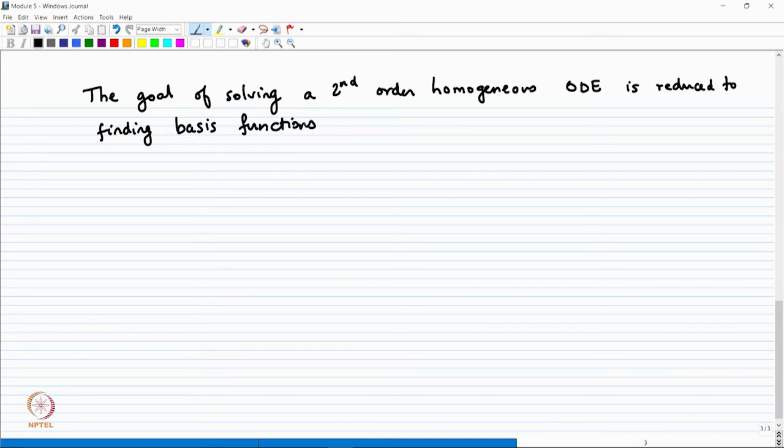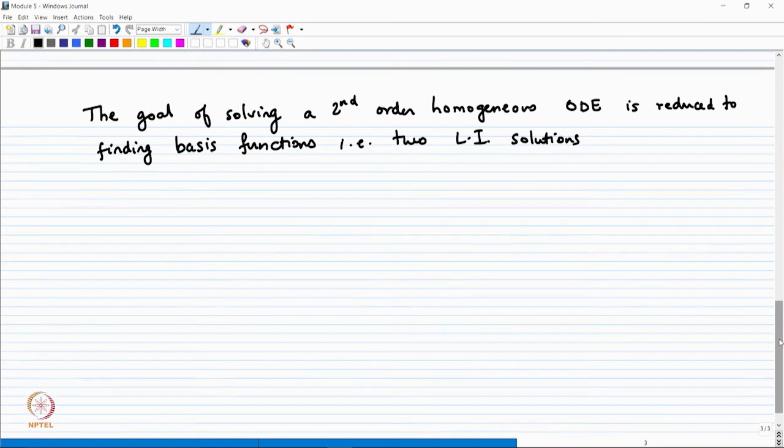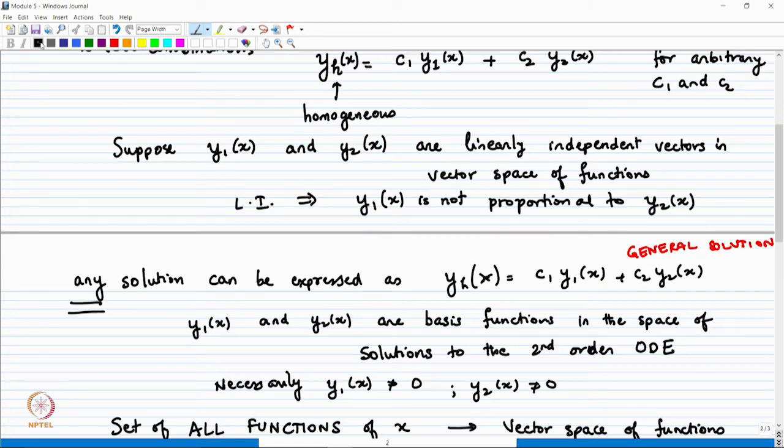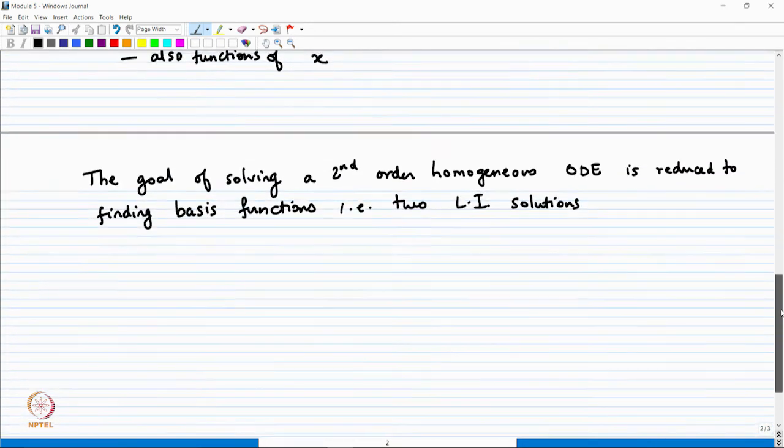You are supposed to find two linearly independent solutions. If you can find two linearly independent solutions, you are done, because the general solution can be written as a linear combination of these two solutions. This is what we call the general solution, where C1 and C2 are arbitrary constants. So if you know y1 of x and y2 of x, you can write the general solution as a linear combination of these two.